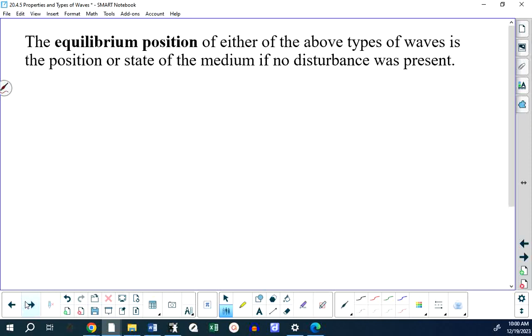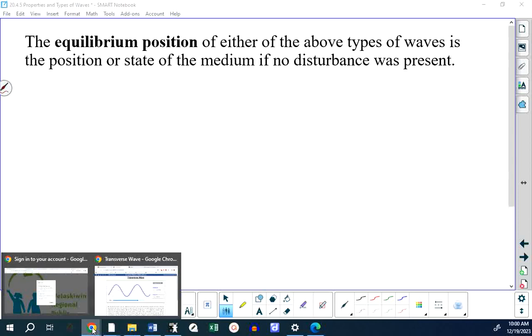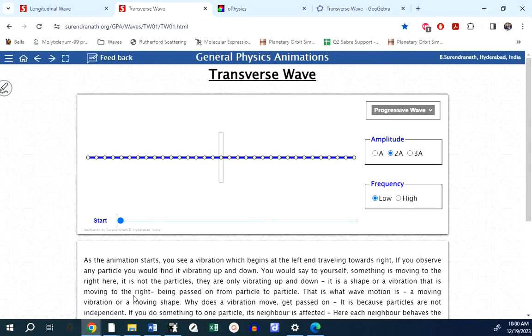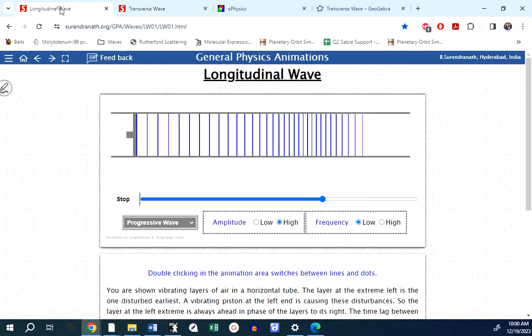So some other definitions. The equilibrium position of either of the above types of waves is the position or state of the medium if no disturbance is present. This should be no surprise. So if I were to take a look at this state of affairs, that's the equilibrium position of a transverse wave.